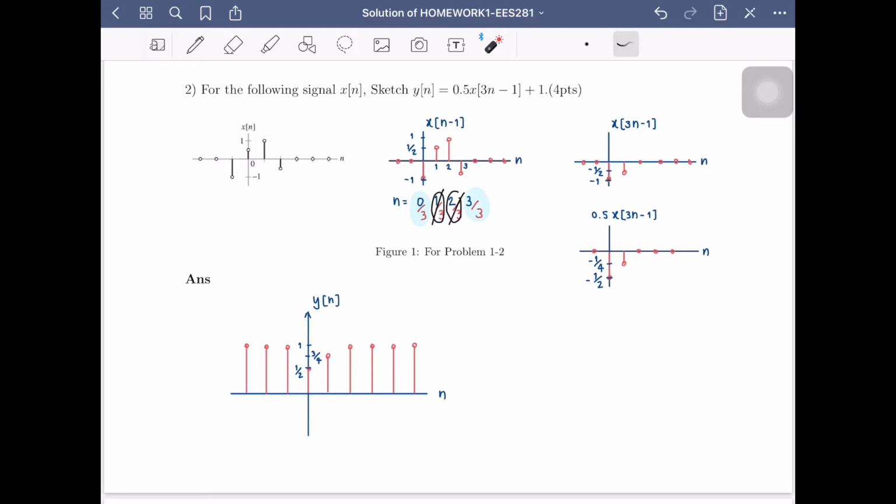Then for the final signal y[n], we have to add 1 to the magnitude, so the one at 0 we got 1. And the other two, -1/2, we add 1 and got 1/2 positive, and the -1/4 we got 3/4, like this. This is the final answer.